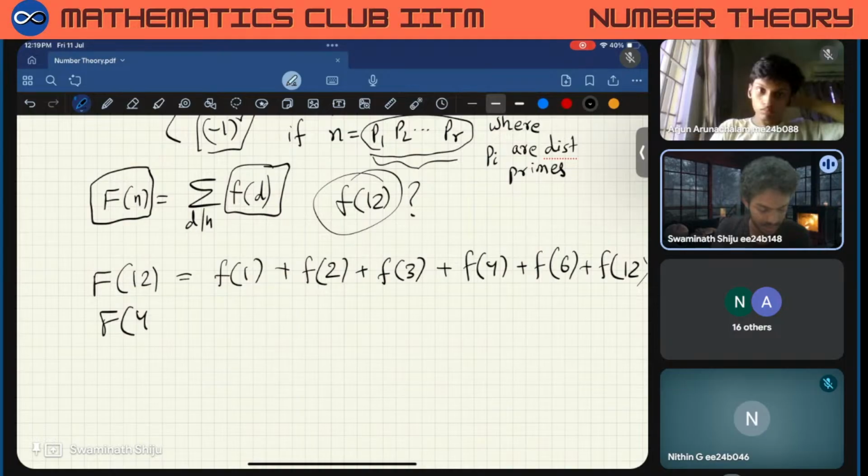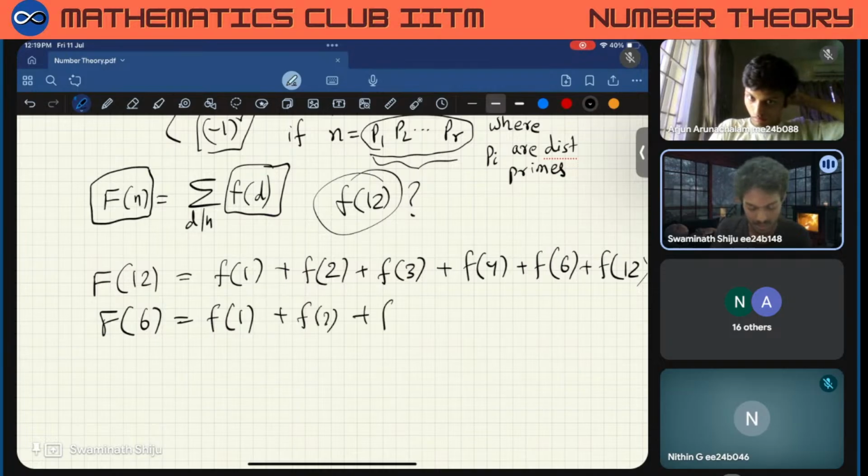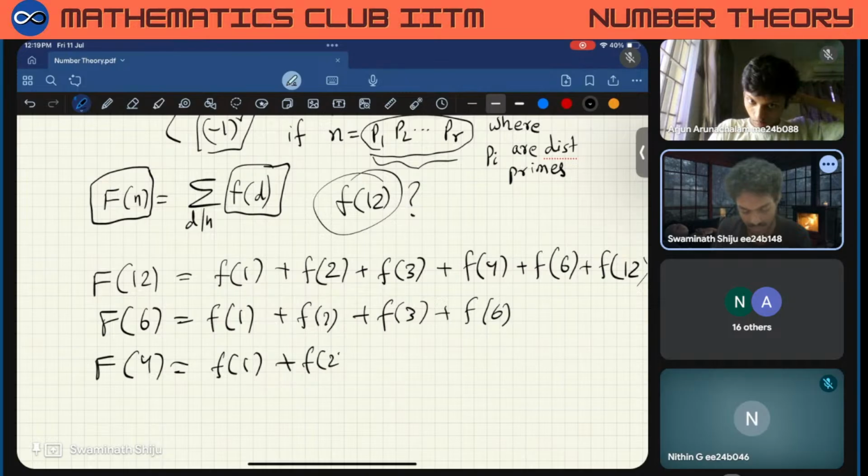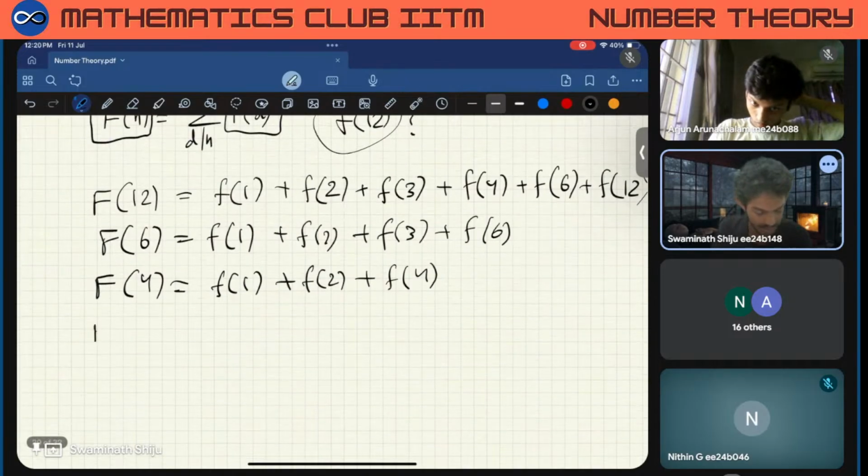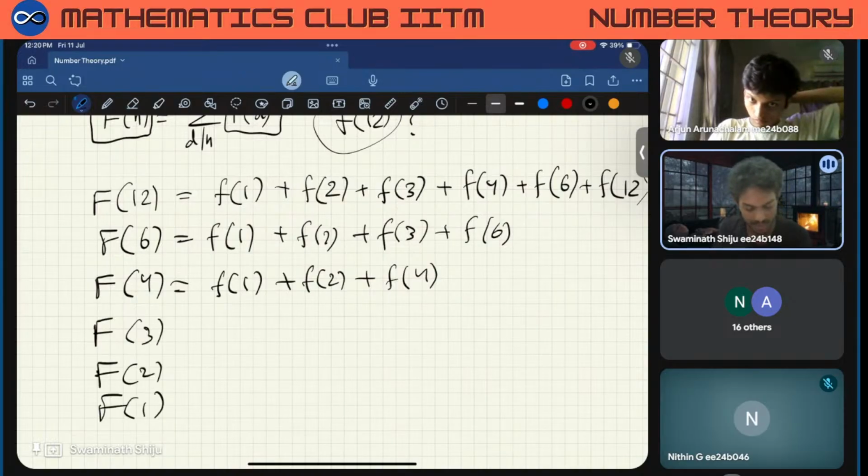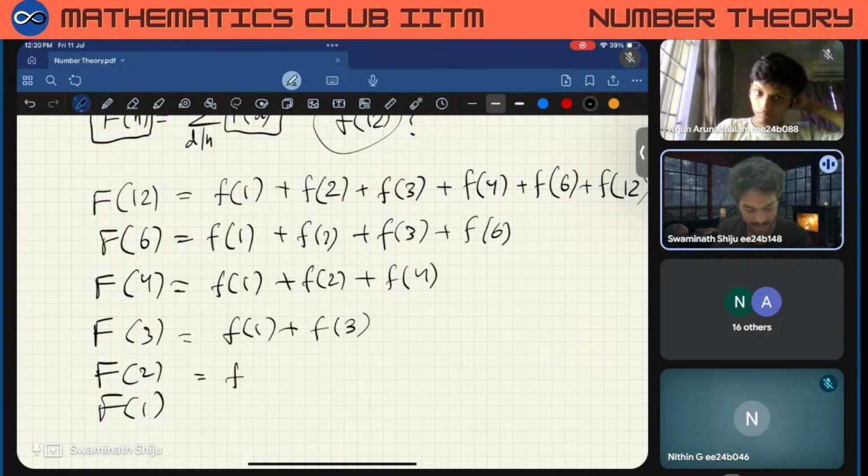Capital F of 6 would be f of 1, 2, 3, 6. And capital F of 4 would be f of 1, f of 2, f of 4.